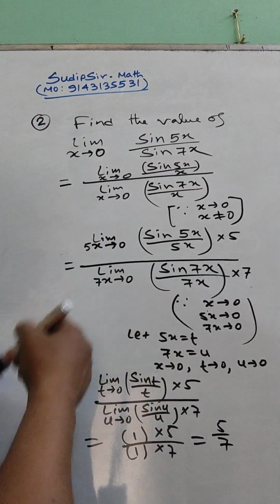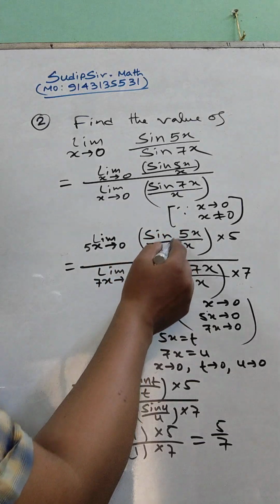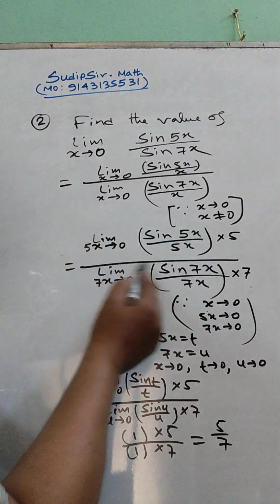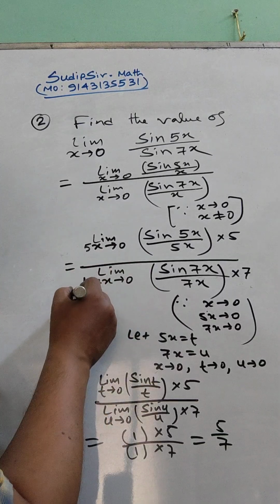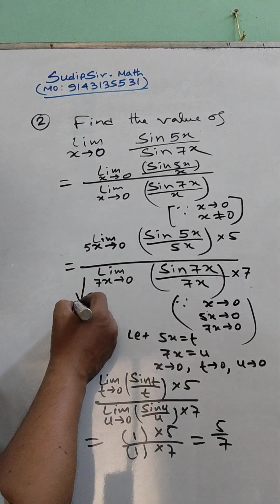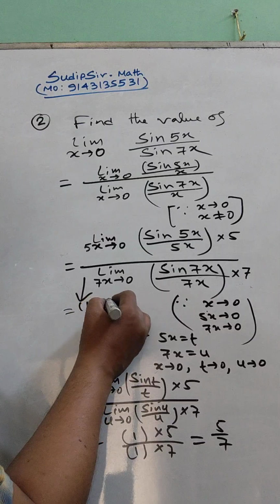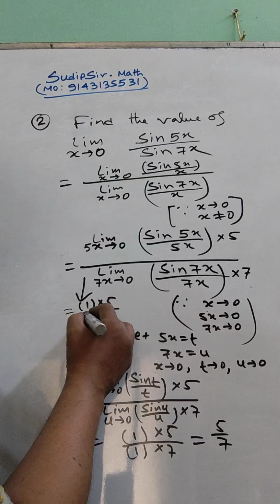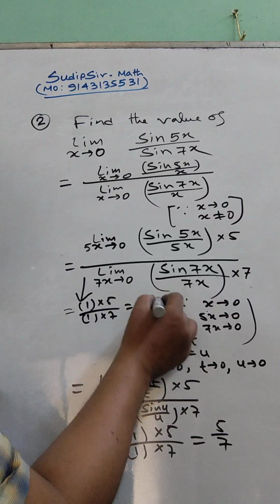If you see limit 5x tends to 0, sin 5x by 5x, directly this can be written 1 and this can be 1. So after this you can directly write 1 into 5 by 1 into 7, that is 5 by 7.